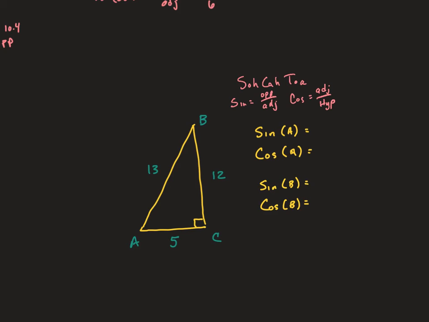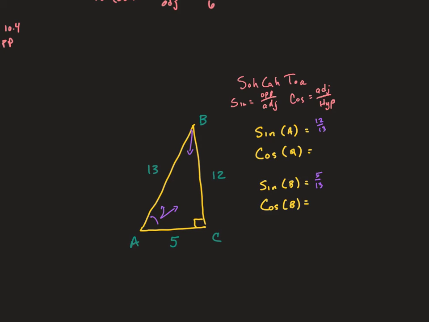So the sine of angle A right here is going to be 12 over 13. The sine of angle B, right, is going to be the opposite over the hypotenuse. So the sine of angle B is going to be 5 over 13.